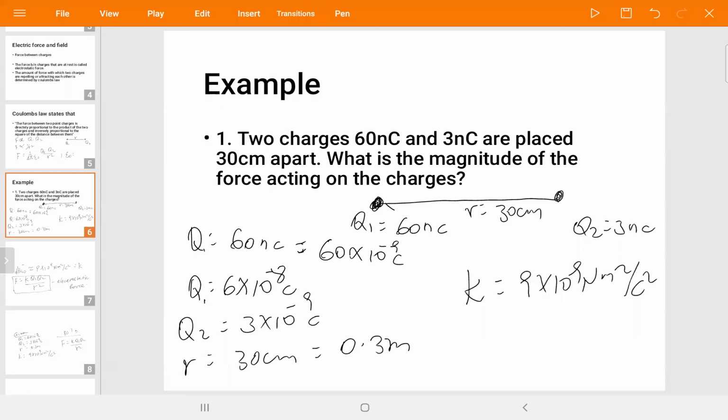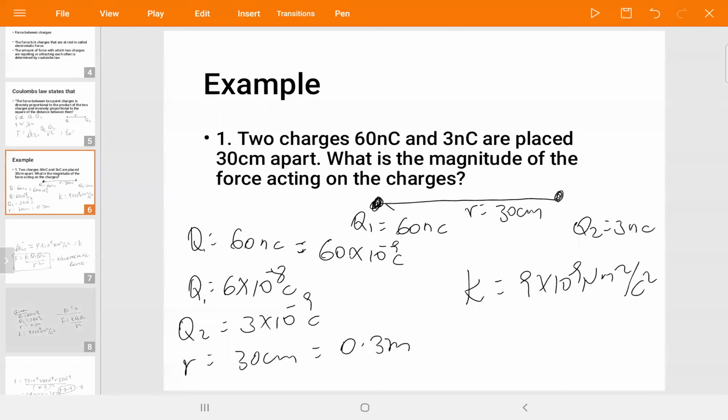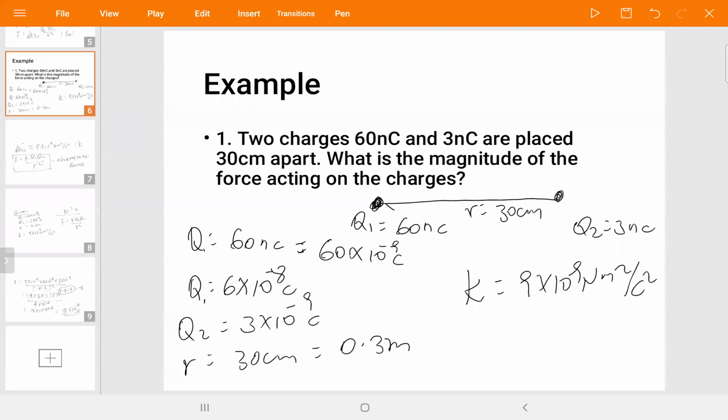So there is a distance between them, which is 30 centimeters. First, we have to use SI units, and instead of nano, we substitute 10 to the power of minus 9. And the constant value is 9 times 10 raised to 9 Newton meter squared over Coulomb squared.